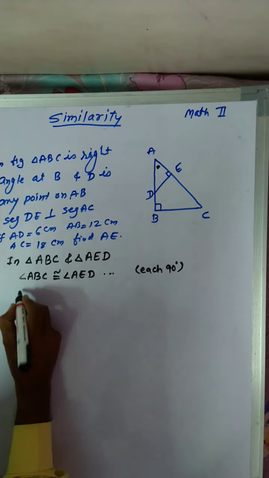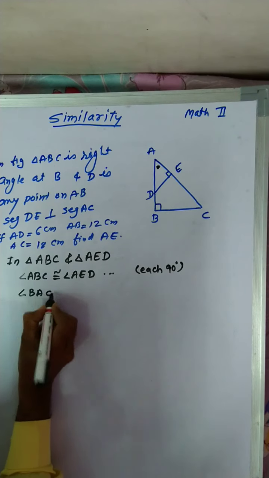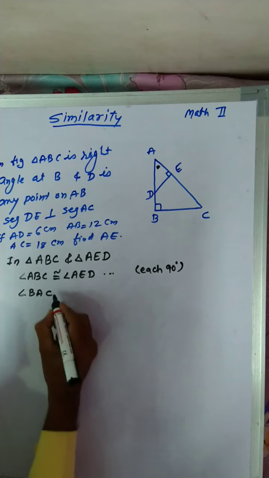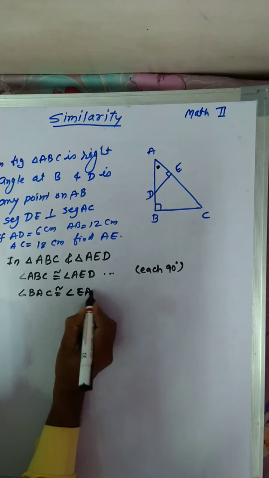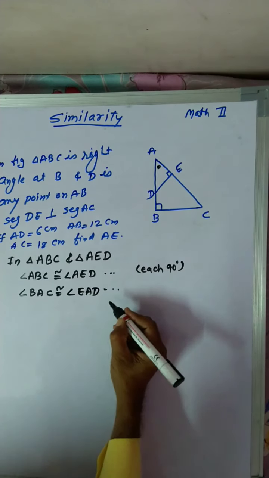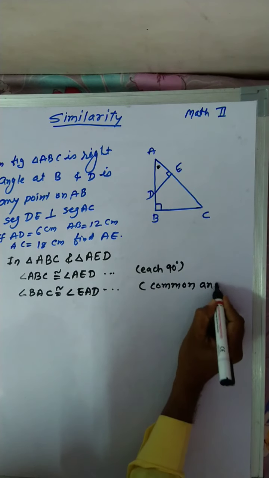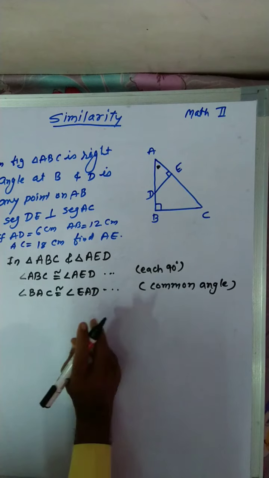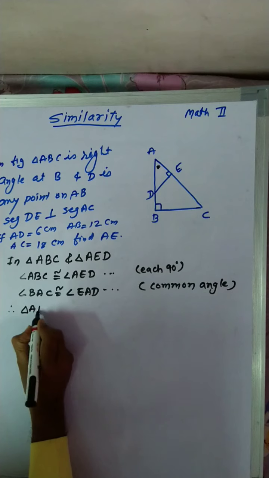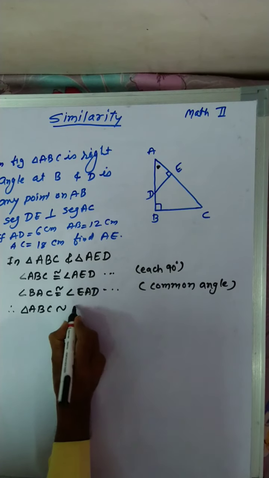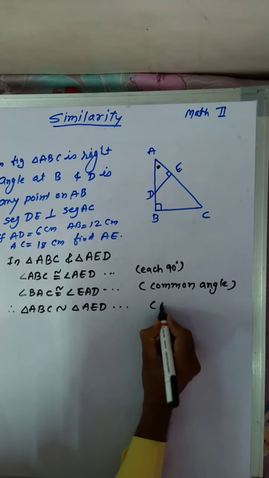Now the angle which is common, angle BAC, the second, first and third vertex is written. Therefore angle EAD, because of common angle. Hence two angles are congruent, therefore these two triangles are similar. Therefore triangle ABC is similar to triangle AED by AA test.